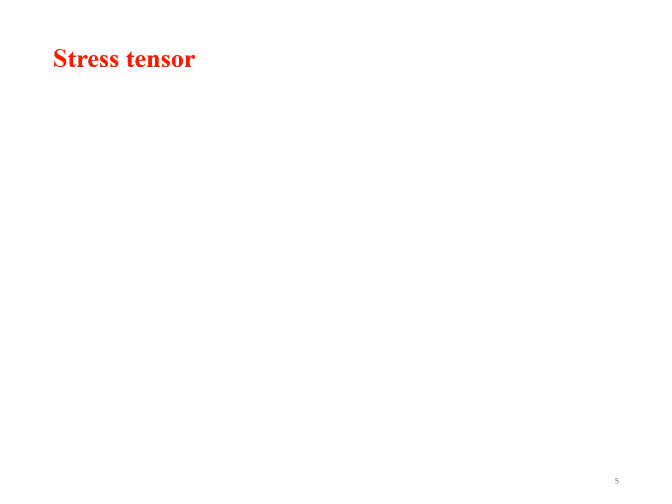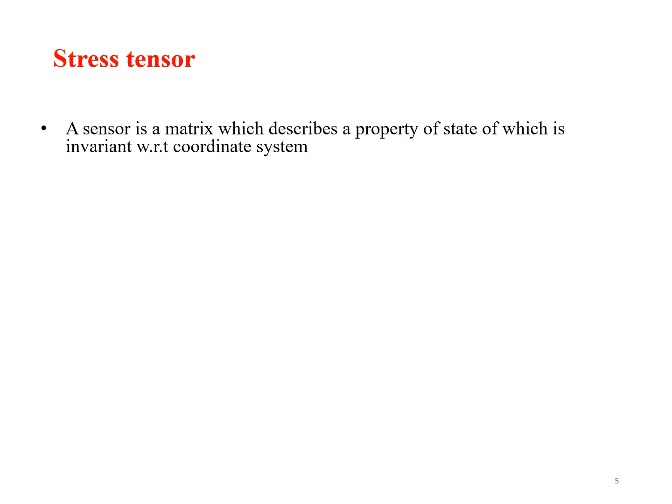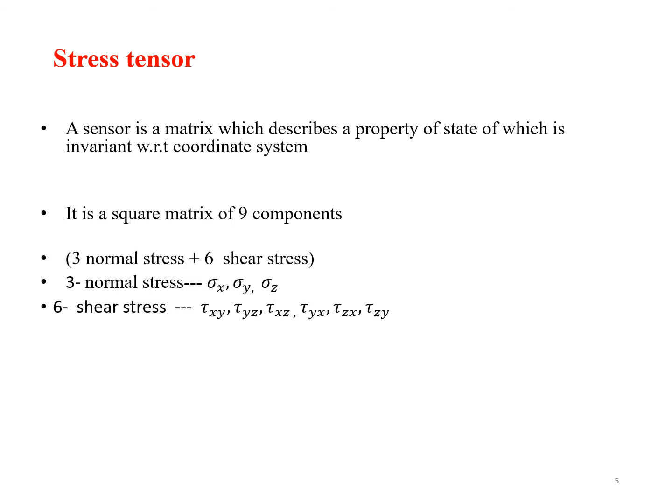Coming to the topic of stress tensor: a stress tensor is a matrix which describes the state of stress of an element or a component, which is invariant with respect to the coordinate system. It is a square matrix of 9 components: 3 normal stresses sigma x, sigma y and sigma z, and 6 shear stresses tau xy, tau yz, tau xz and tau yx, tau zx and tau zy.